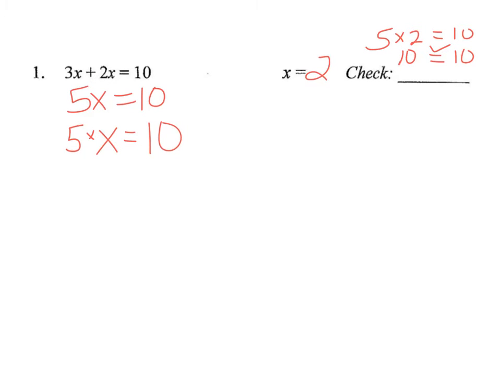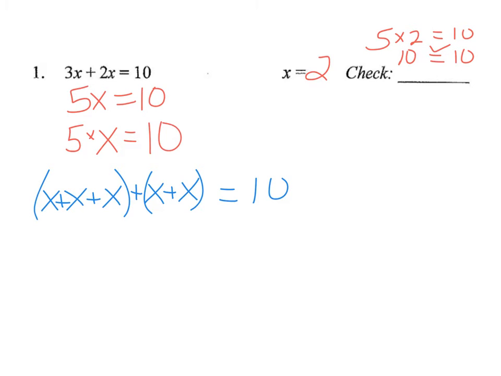Another way I could solve this is instead of doing multiplication, I could do repeated addition. So I could do x plus x plus x. So that's 3x plus x plus x. So those are the 3 x's and those are the 2 x's, equals 10.